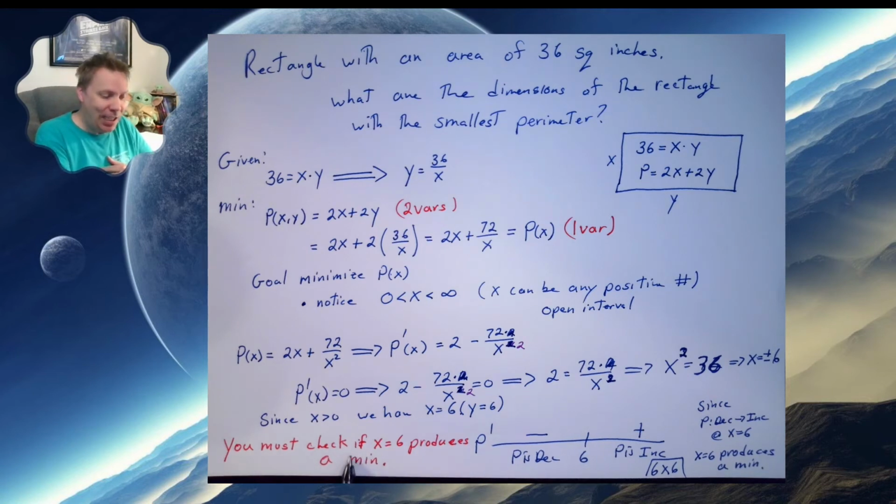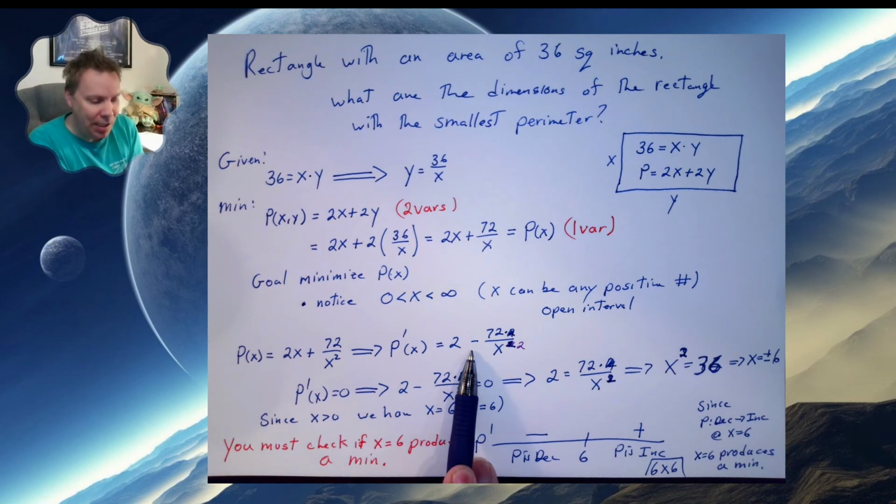We need to check if x equals 6 produces a minimum. So using the first derivative line, in other words, a first derivative test, plugging in a value less than 6, let's pick 1. If I plug 1 into here, do I get a positive or negative answer?